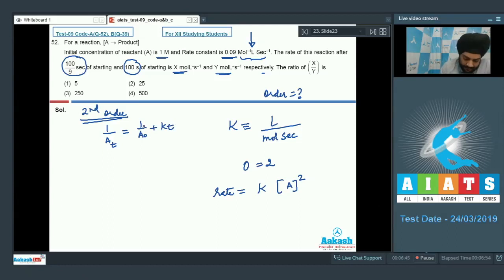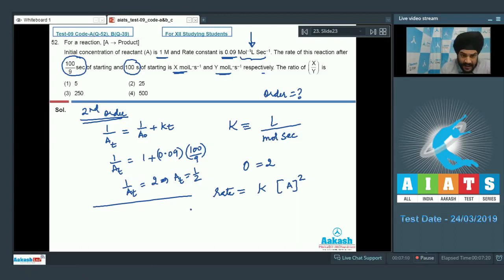So the A0 value is given to us as 1 molar. So 1 by AT shall be equal to 1 plus 0.09 into 100 by 9 in the first case. So this will give us a value of 1 by AT equal to 2. So the AT value is going to be equal to half.